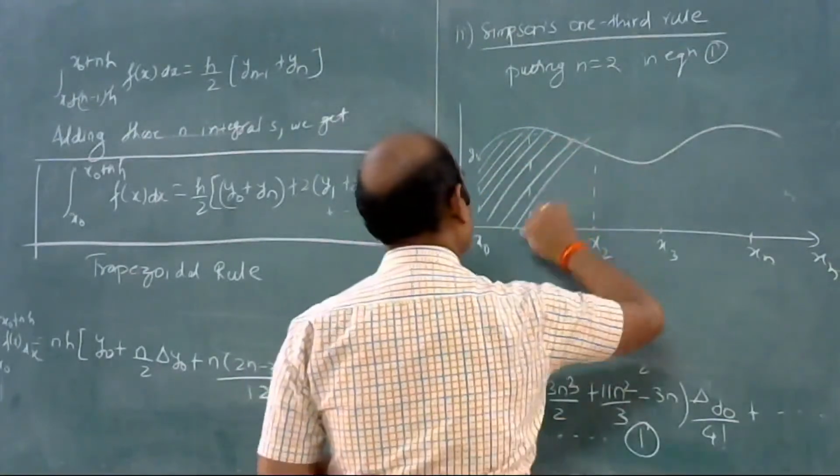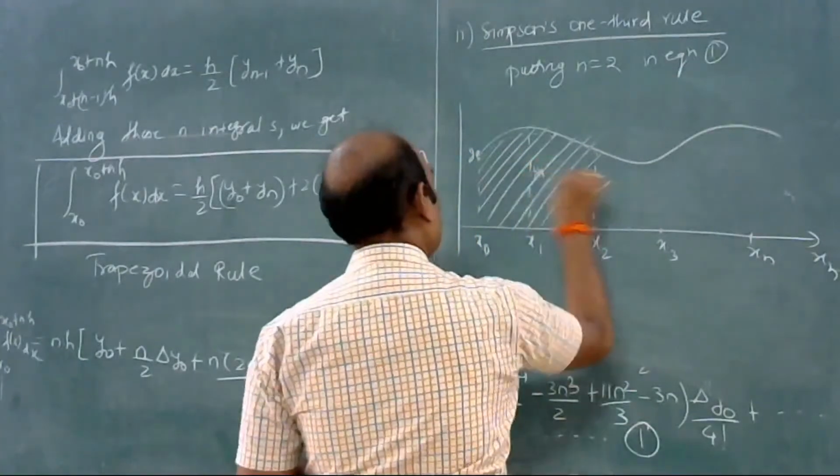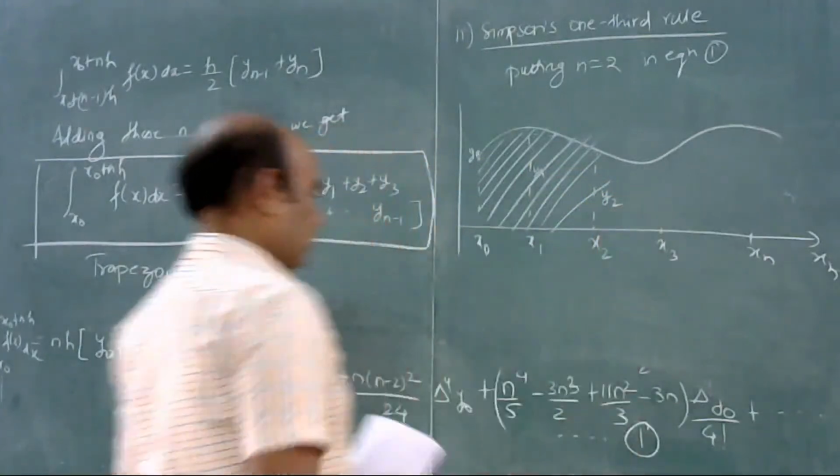So this will be the curve, and this is y0, y1 and y2.